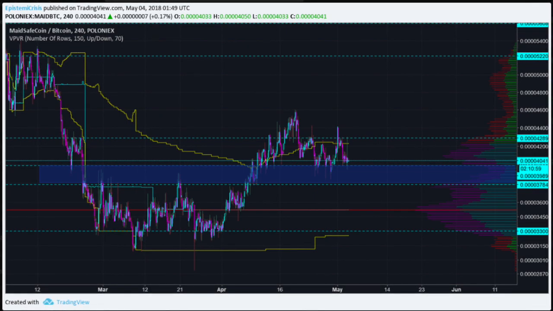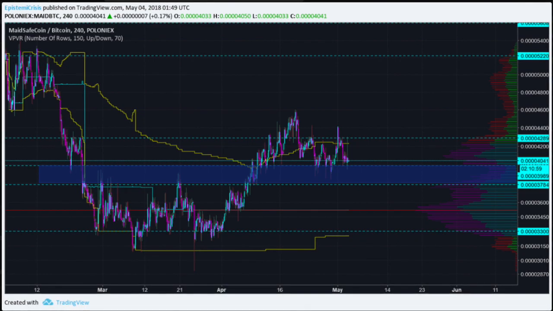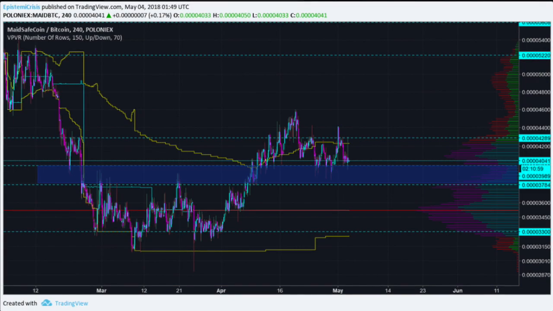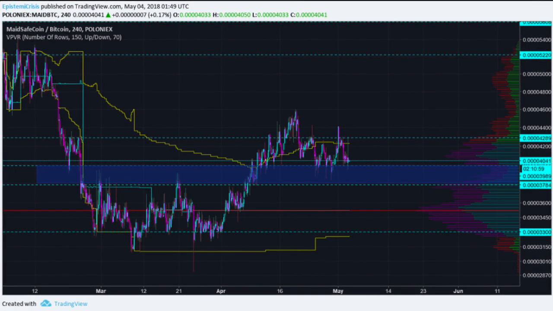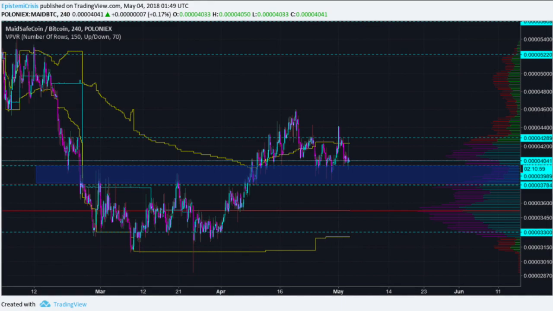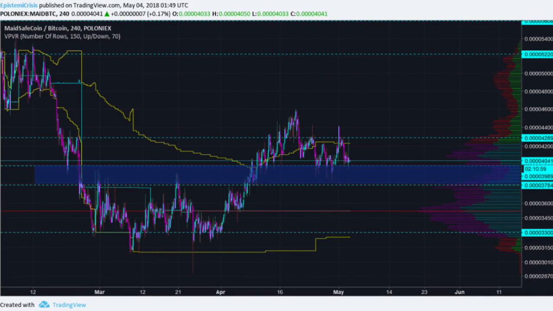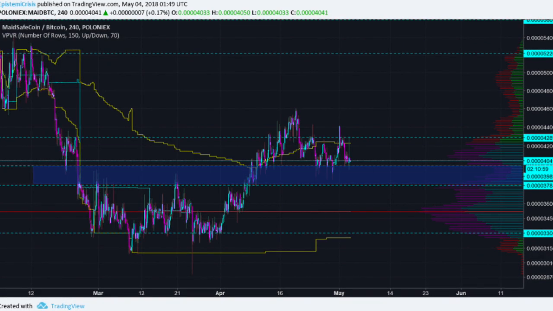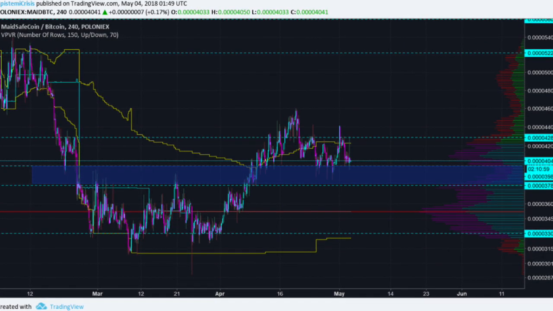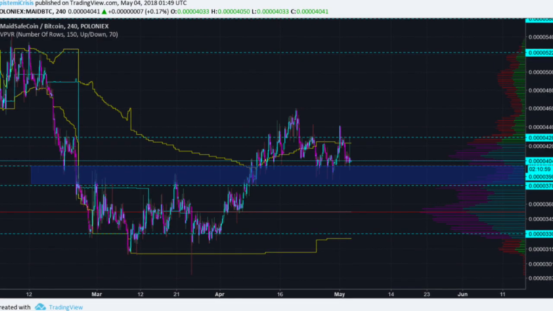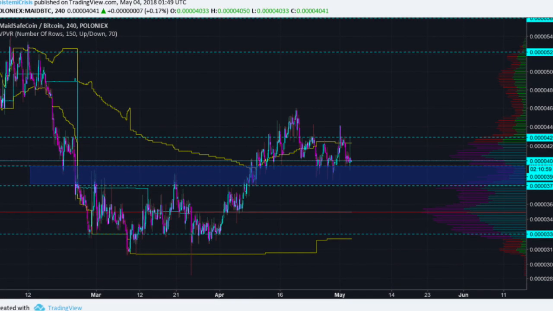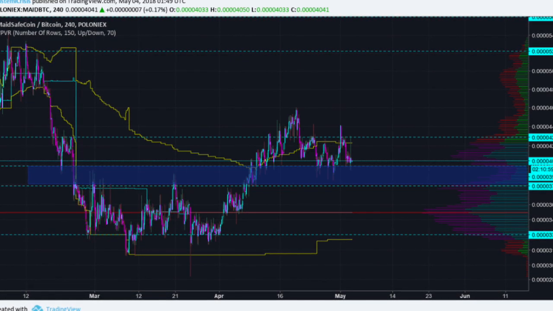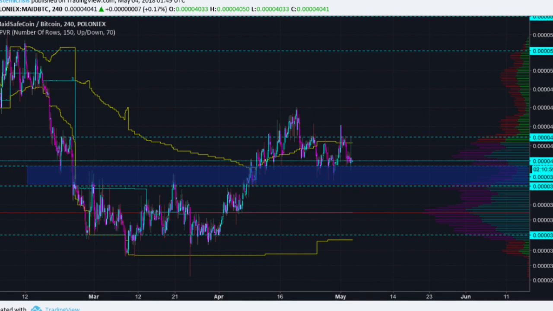Remember, this is a random chart, one of the first 3 charts I opened to take a look at. This is not rocket science. Yes, the sum of trading is a little bit difficult, but VPVR is not. So I've highlighted here the gap in volume traded at those particular price levels, and I think this is a great example because that area has acted not only as resistance in early March, but is currently acting as support.